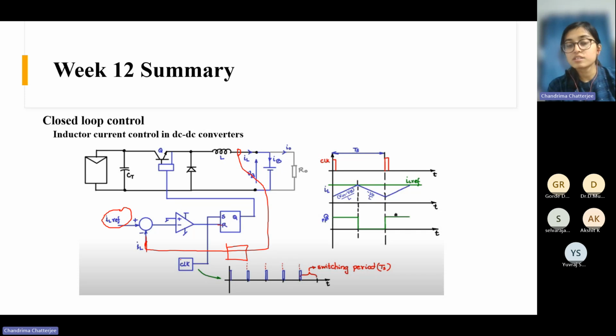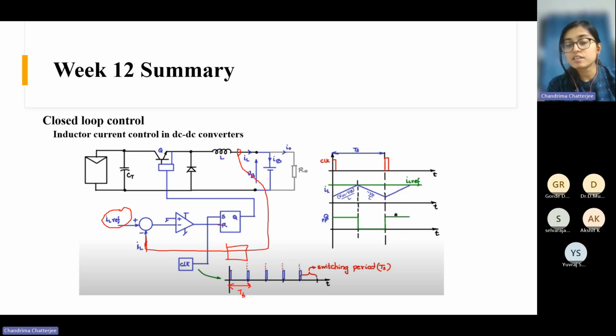The output here is connected to the base here. The clock is a pulse like this. This is the time period of the DC-DC converter, the reciprocal of the switching frequency.